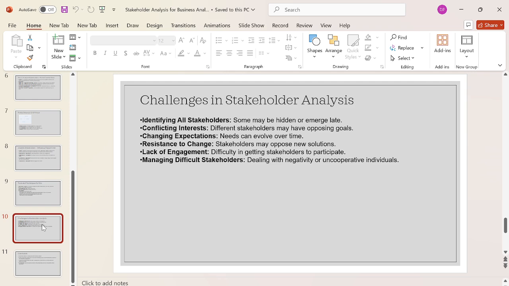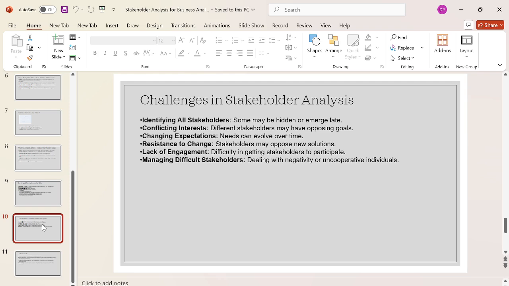Then lack of engagement, difficulty in getting stakeholder participation. Maybe the stakeholder is not interested in the success of the project, or is not involved in the project. So lack of engagement is very challenging, as is managing difficult stakeholders. Some stakeholders are not interested, they are lazy, and they are not able to give the requirements.